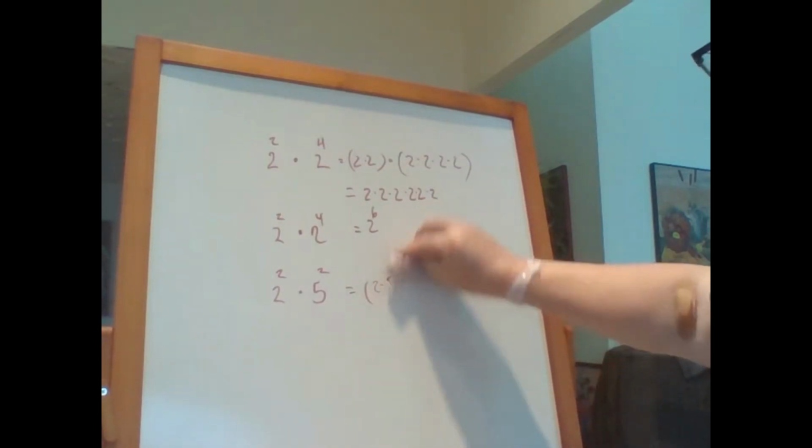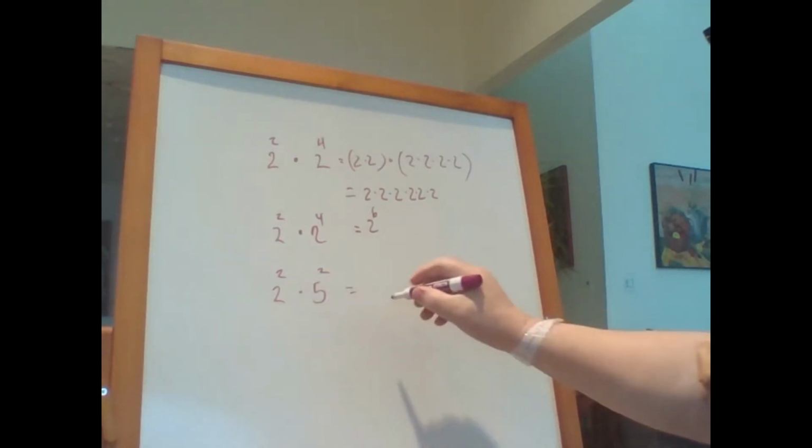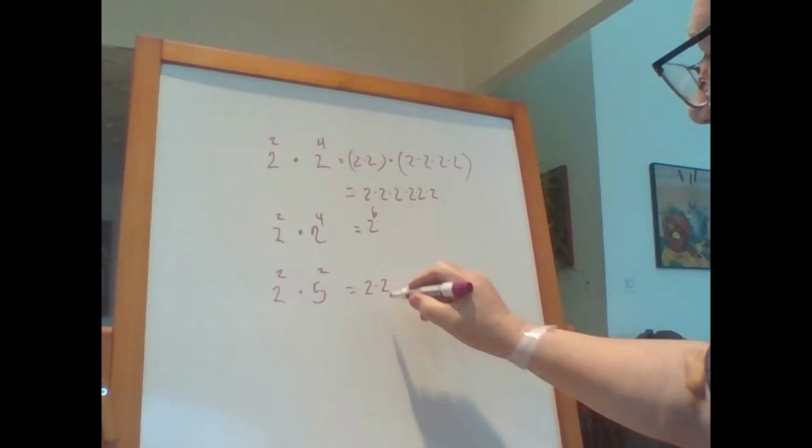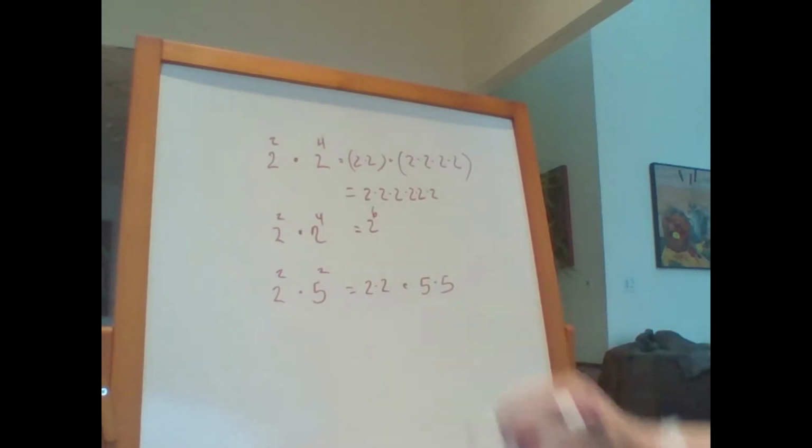It just doesn't make sense. This, when you work it out, is 2 times 2 times 5 times 5.